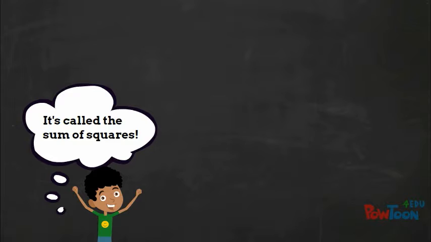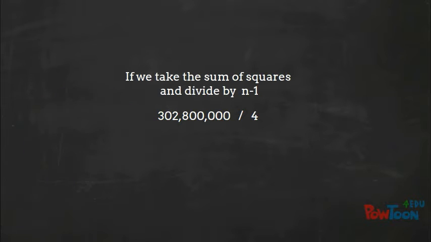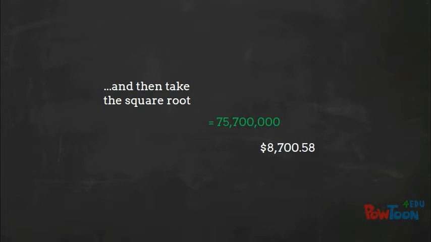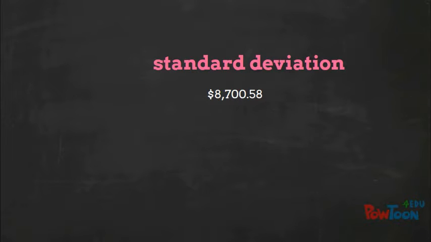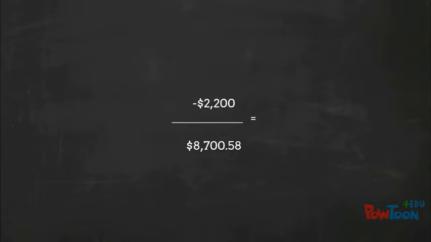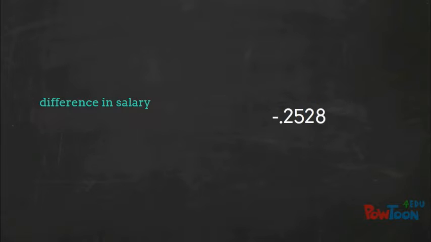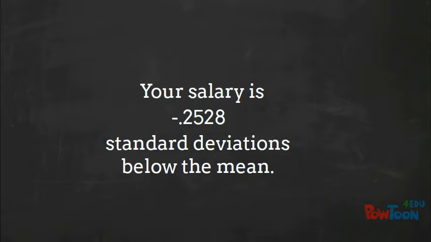It's called the sum of squares. If we divide by n minus 1 for the 5 employees, you get the variance. If we take the square root of that, remember because we squared earlier, we will get the standard deviation, 8,758 cents.